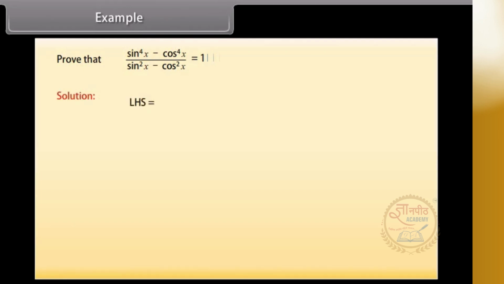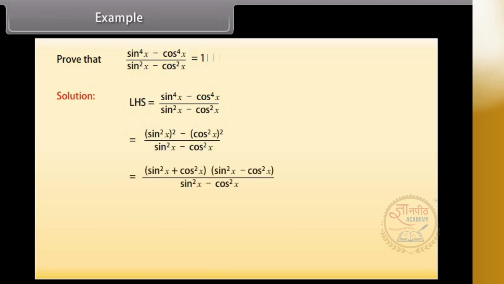On solving the left-hand side, which is sin raised to the power 4x minus cos raised to the power 4x, whole upon sin square x minus cos square x, we get 1. And this is equal to the right-hand side. Hence, sin raised to the power 4x minus cos raised to the power 4x, whole upon sin square x minus cos square x is equal to 1.